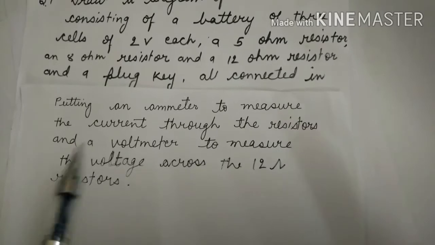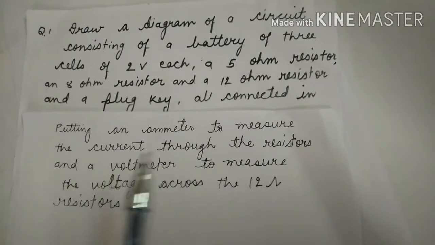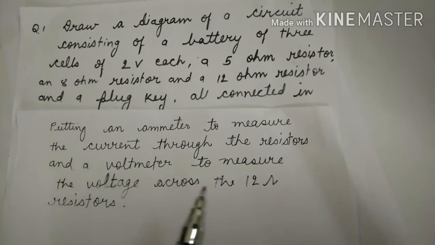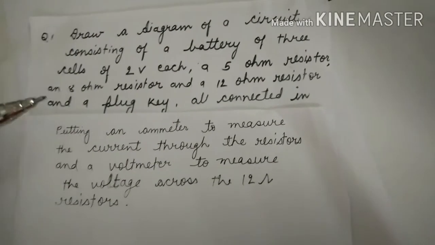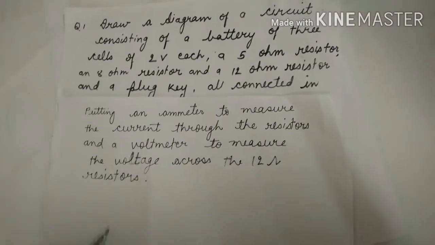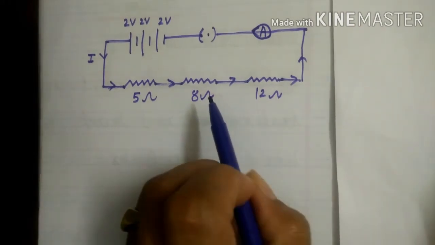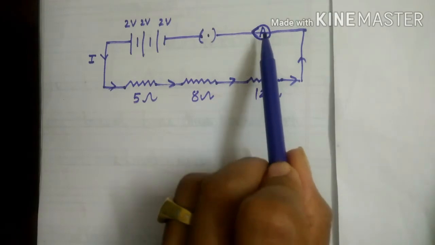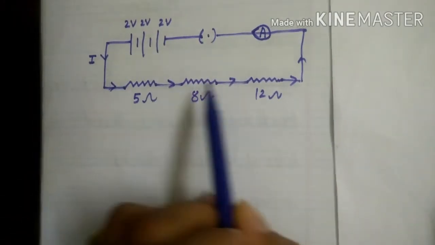Now, in the same circuit, putting an ammeter to measure the current through the resistor and a voltmeter to measure the voltage across the 12 ohm resistor. The same diagram we are drawing here again. So in the same question, attach one more, that is the ammeter, and this we can join in series combination. So anywhere we can put it.